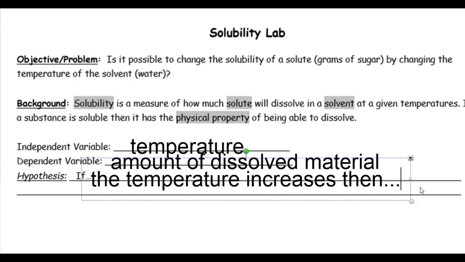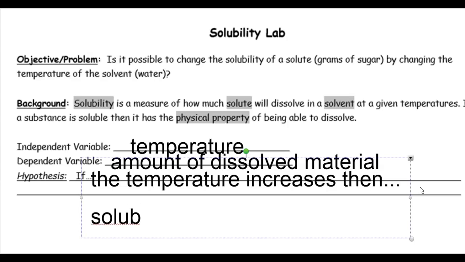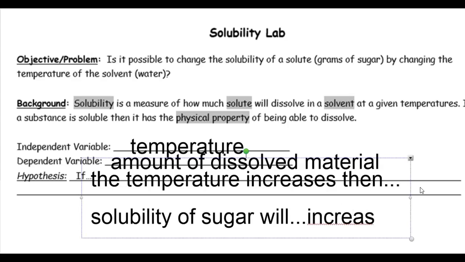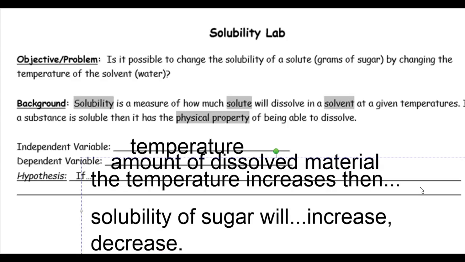So you would finish that with your own hypothesis. What do you think would happen based on your knowledge? Would the amount of sugar increase or decrease? Go ahead and choose your answer.